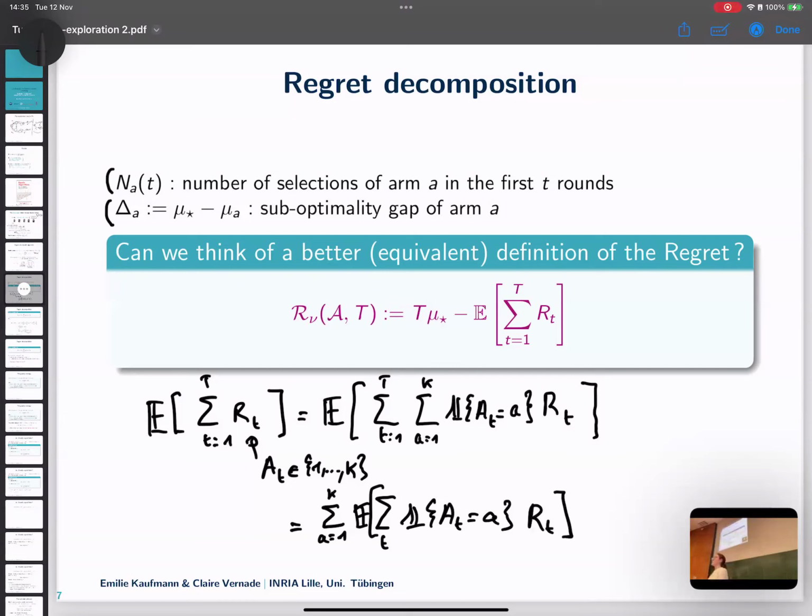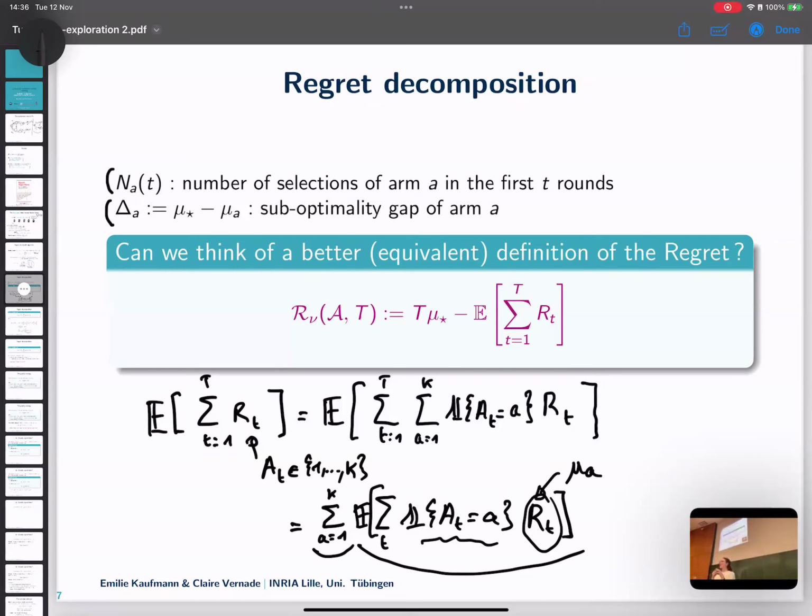But now I've simplified the problem a lot, right? Because in this expectation, this indicator is only true when the arm A_t I pull at time t is actually arm A. So now I'm summing over all the arms and filtering out the time steps when I pull arm A. So now this random variable, we know that its mean is mu A. If we pull the expectation inside, we would have mu A. This is called the tower rule of conditional expectation.